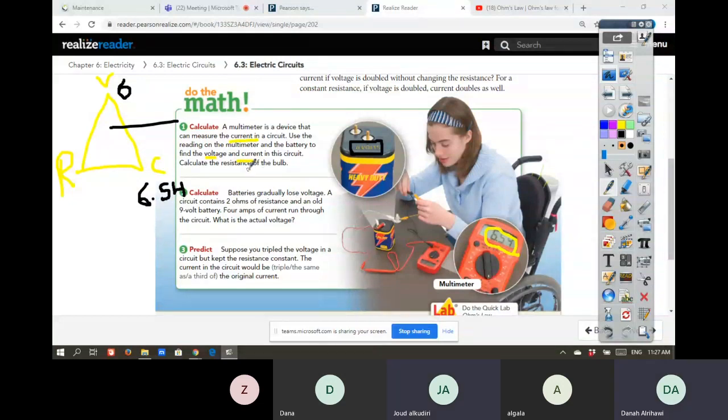Okay, so I will calculate it to be specific. It's 6 divided by 6.54. It's about 0.9. What is this? This is the resistance. It's in ohm.